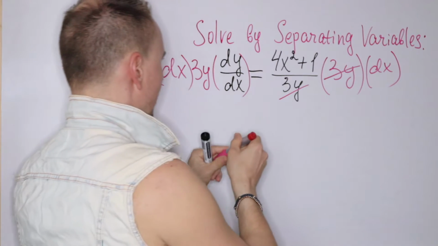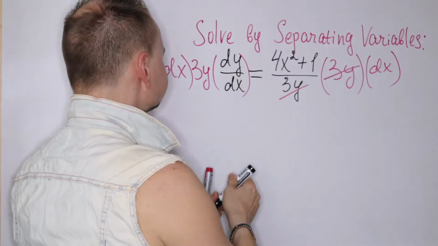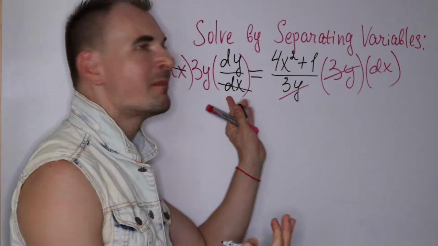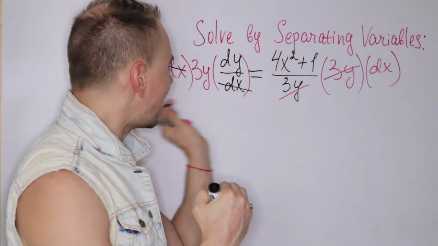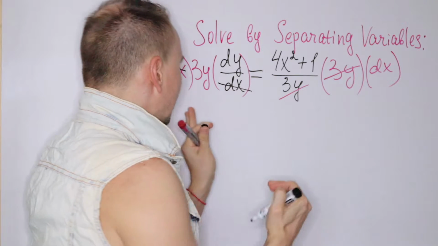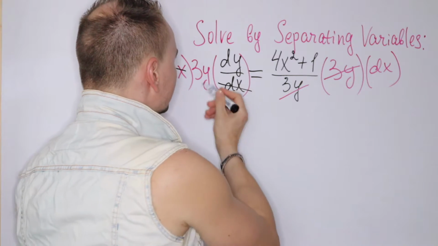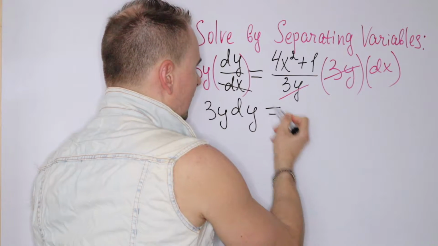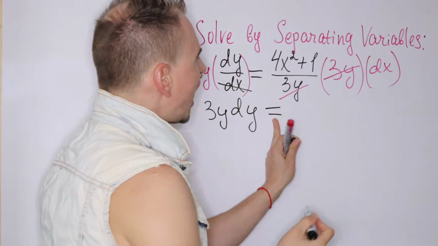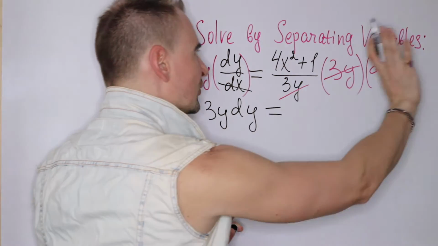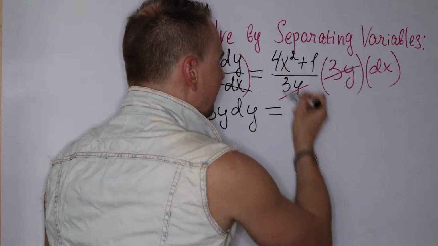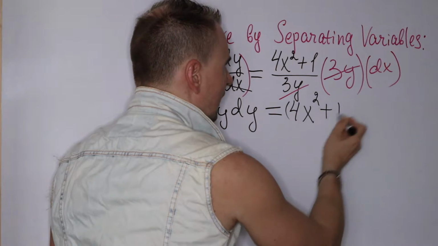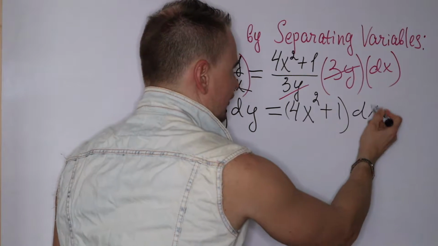So at this point, dx goes away on the left side, and you would be left with 3y dy. You bring down this equality sign. As I mentioned before, the 3y term goes away on the right, so bring down this 4x squared plus 1, and you have this dx.